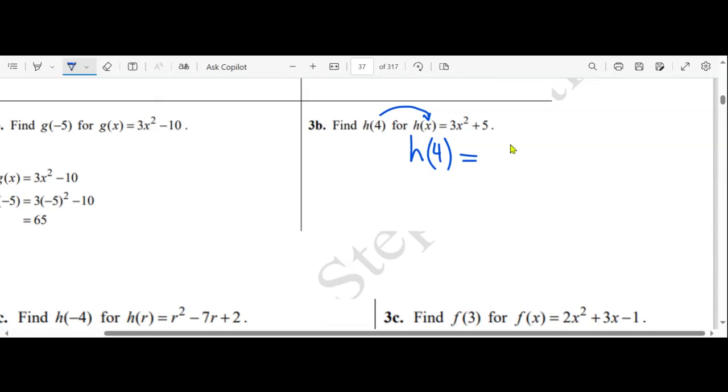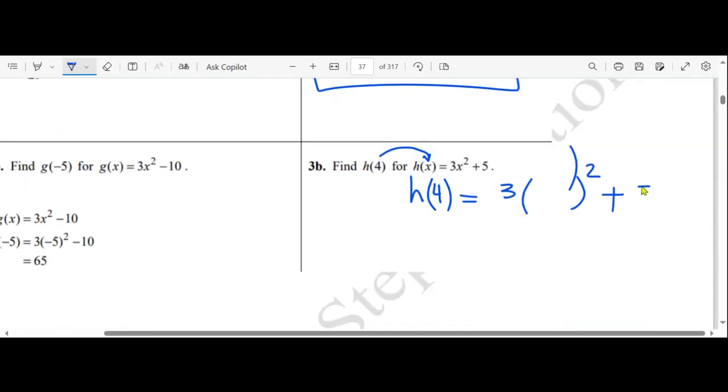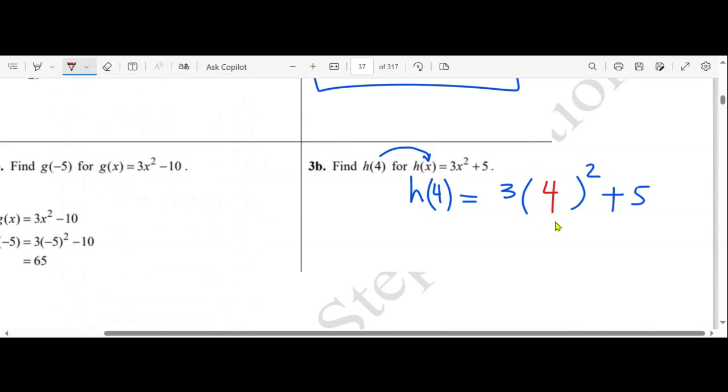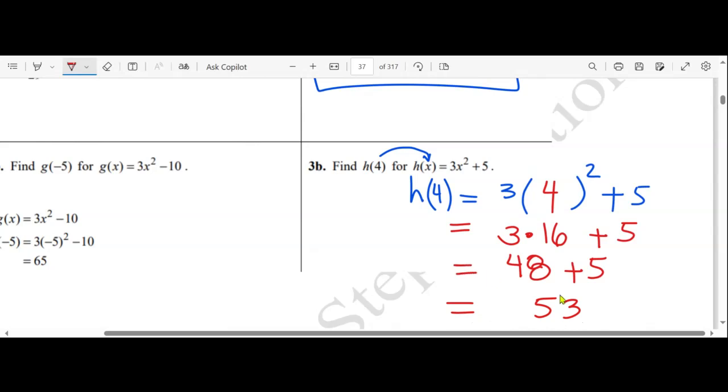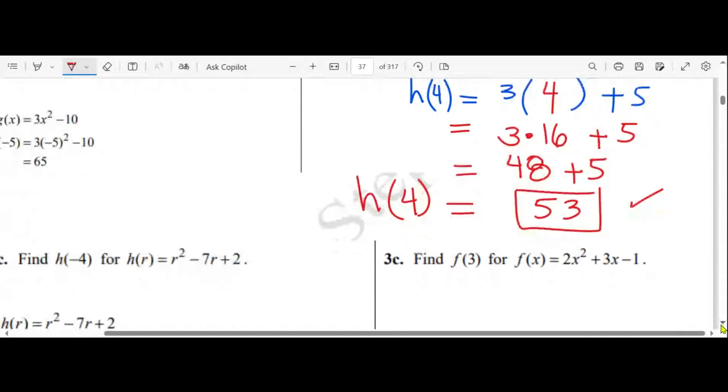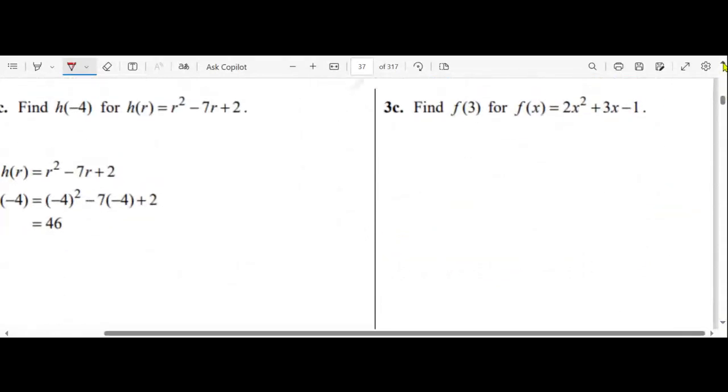It's going to be 3 times 4 squared plus 5. 4 squared is 16, times 3 is 48, plus 5 is 53. So your final answer is h of 4 equals 53. Is this clear? Yeah. Next one.